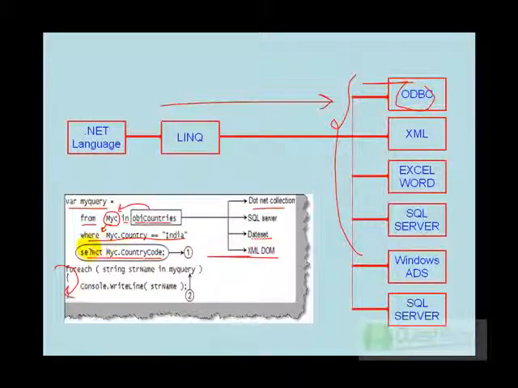So you can see that this query is very much generic. It's firing over any kind of collection, any kind of data source, any kind of data type. So that's what LINQ is, from the perspective of writing SQL.